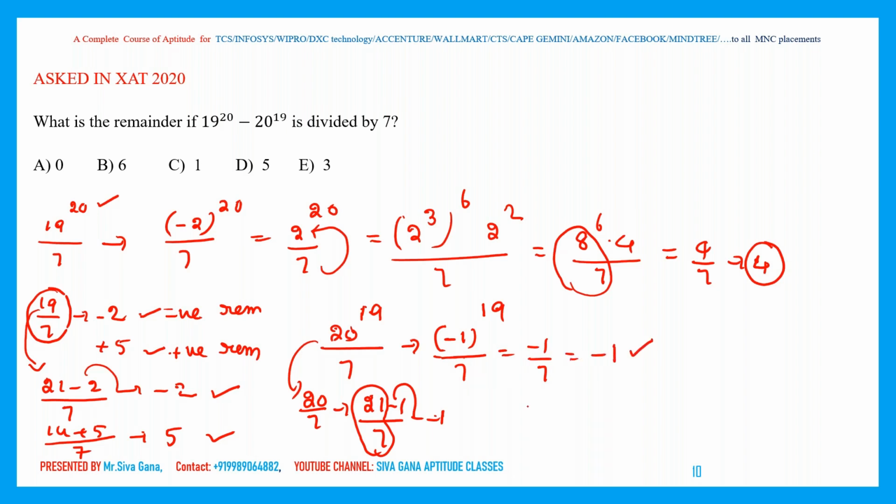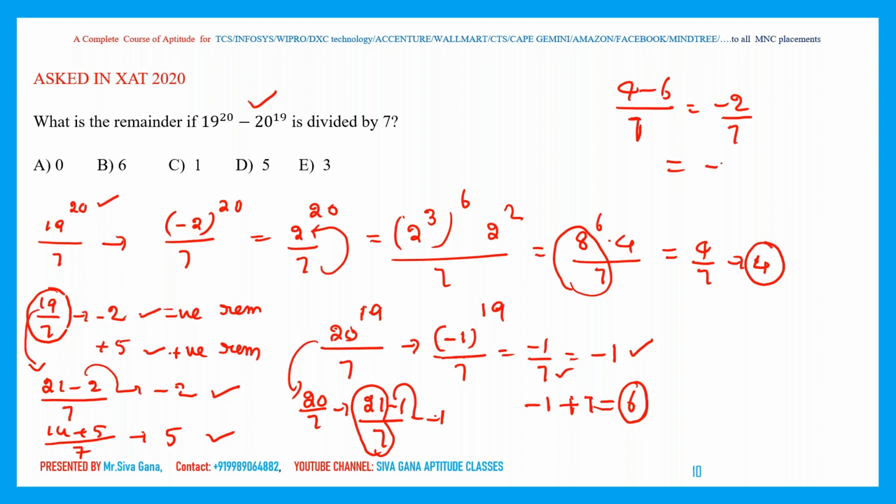If we got the negative remainder overall, what we have to do is add the divisor. Divisor is 7. Minus 1 plus 7, which is nothing but 6. For the second case, the remainder is 6. Here minus is there. So 4 minus 6 by 7, which is nothing but minus 2 by 7.